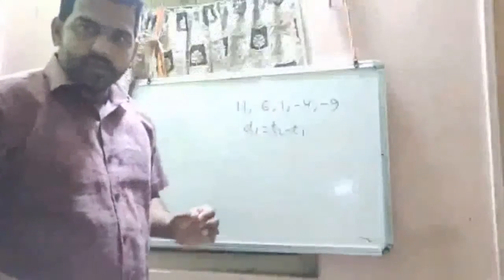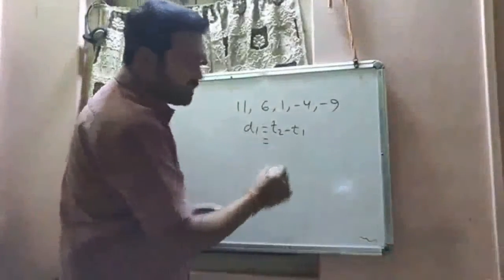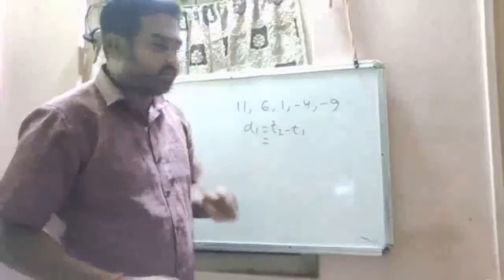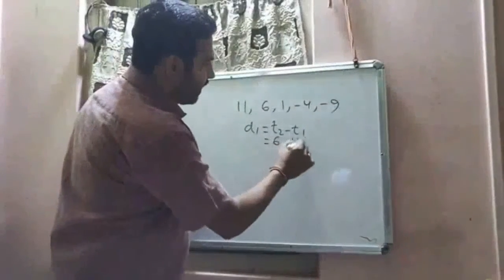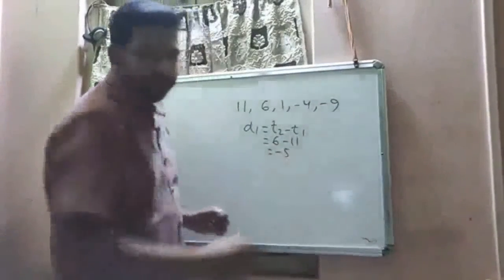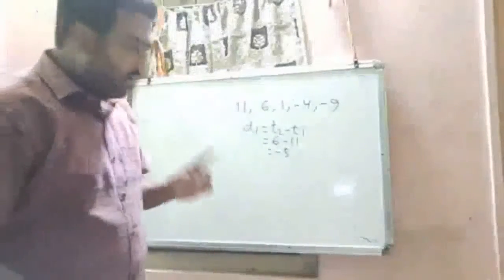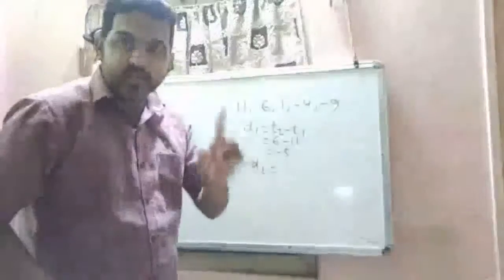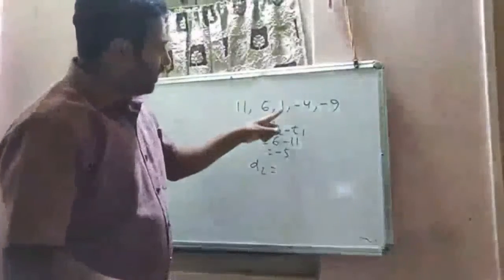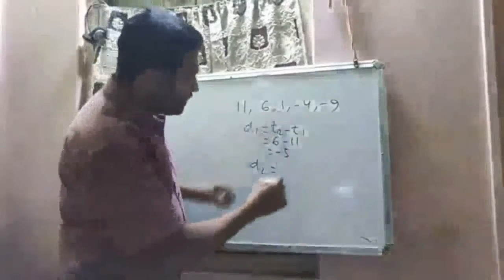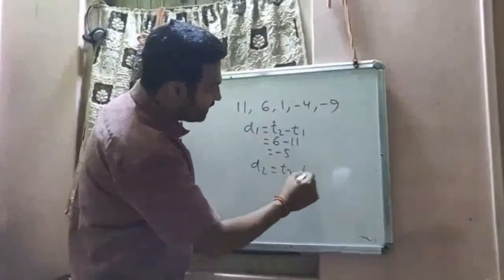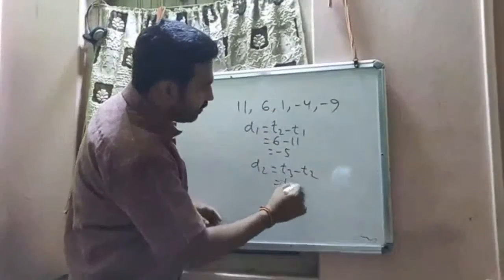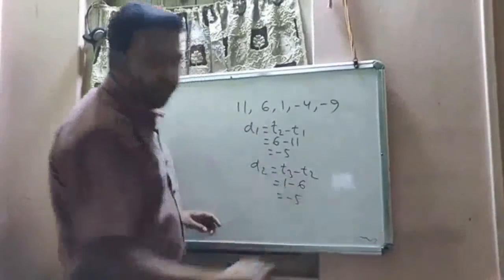Let me find it: 6 minus 11 is equal to minus 5. Now let me find D2, the difference between the second and the third term. T3 minus T2, that is going to be 1 minus 6, again minus 5.